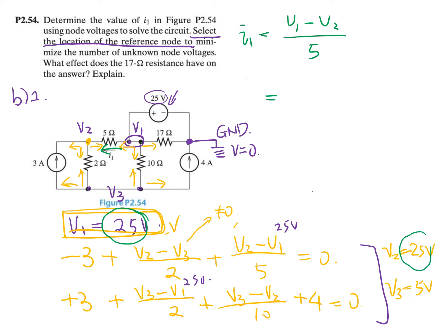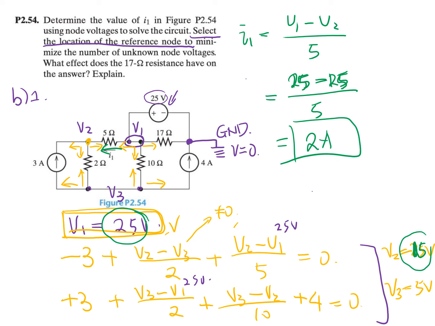Sorry, here V2 is 15, not 25. So we have (25 minus 15) divided by 5, and the value we get is 2 amp. So we have I1 equal to 2 amp.